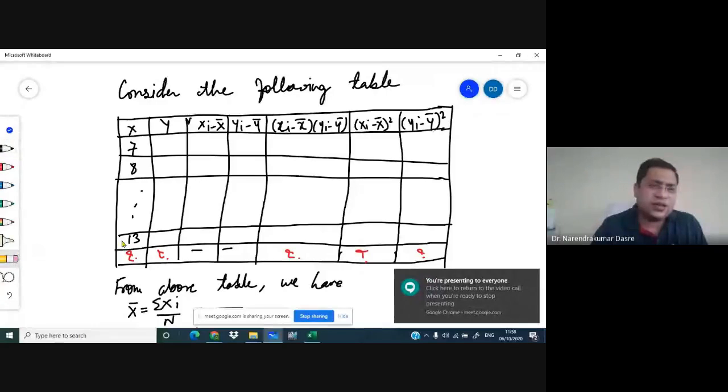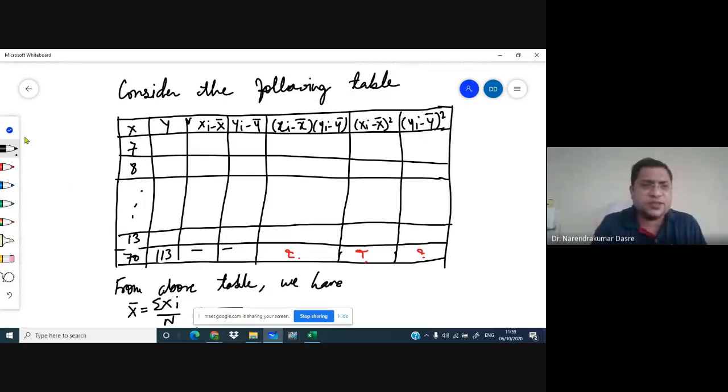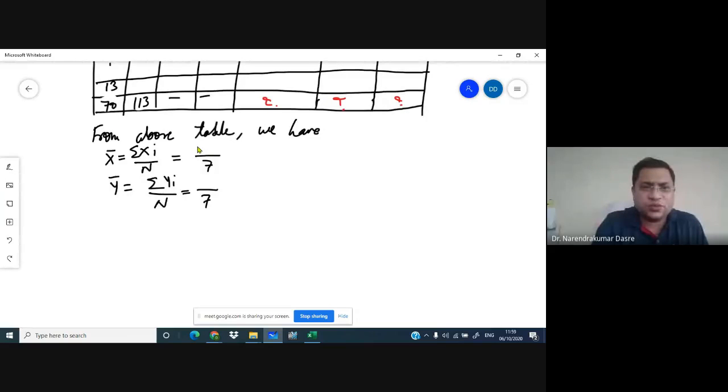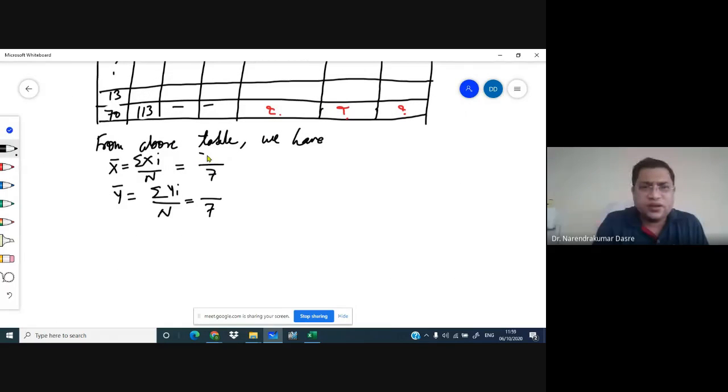Okay. So what do we have here? You got the sum here and here. So you got the sum to be 70 and this is 113. Now once you got the sum to be 70 and this is 113, here you got the mean is going to be 10 and here you got 16.14.